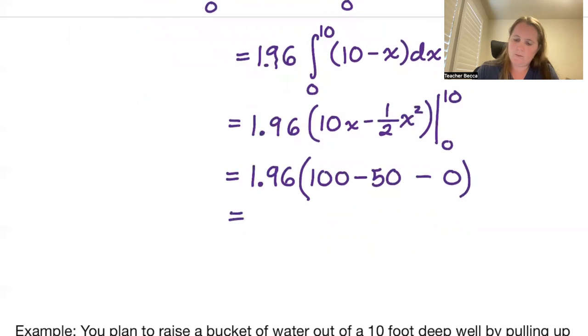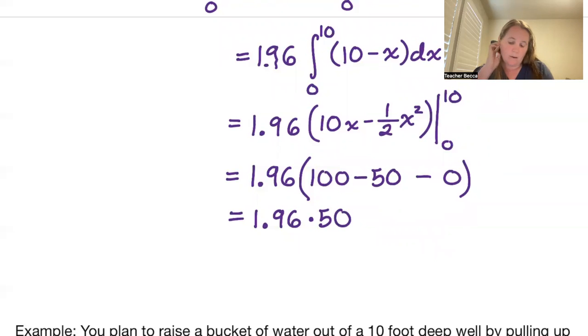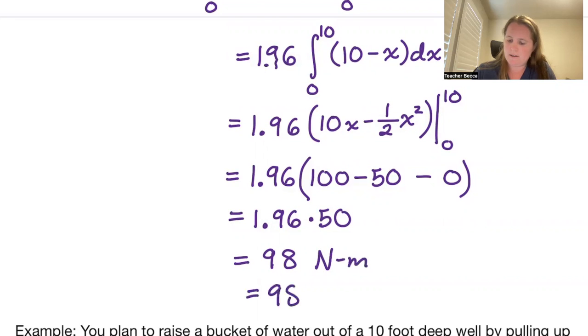So we have 1.96 times 50, which gives us 98, I believe. And of course our units are newton meters or joules, so we have 98 newton meters or 98 joules.